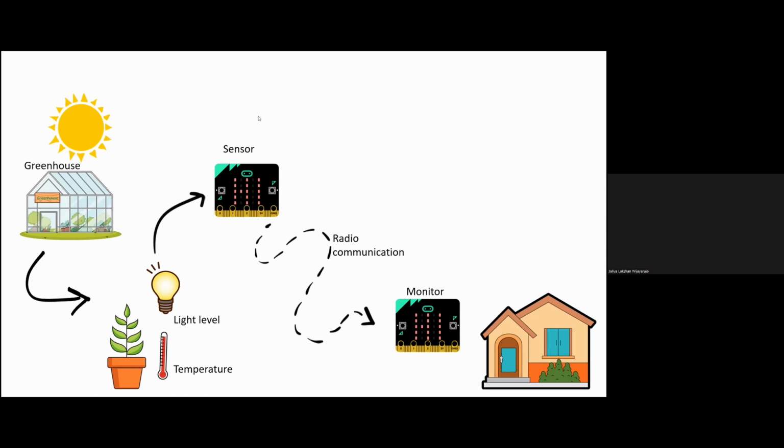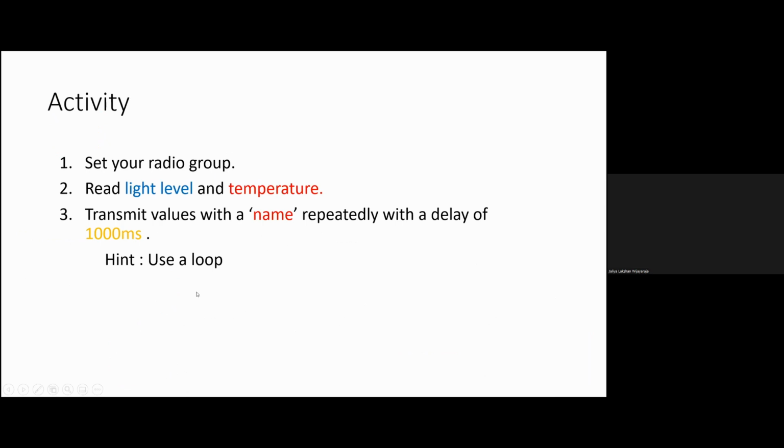Okay, then the first task: you have to set your radio group, read the light level and the temperature, and transmit it with the name. So can you please do that?